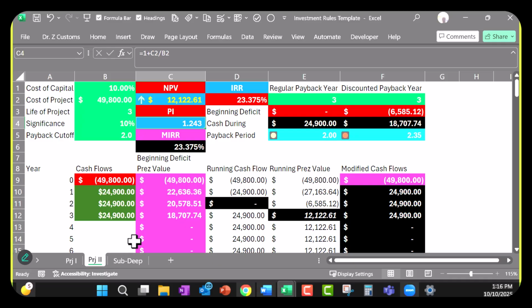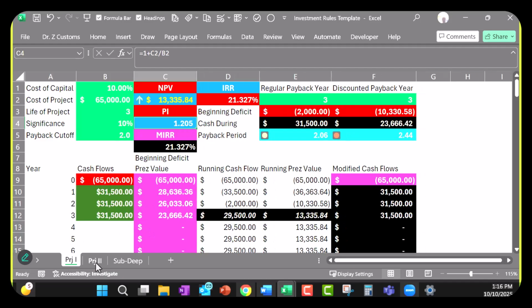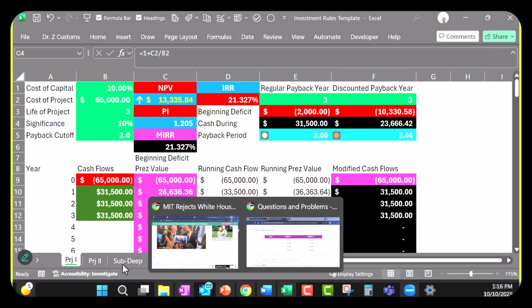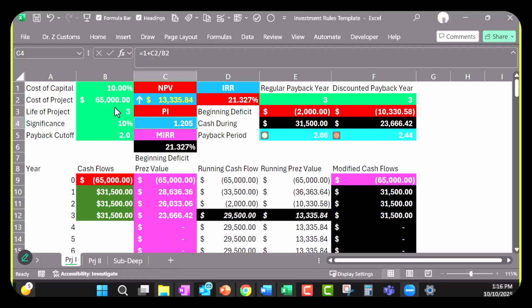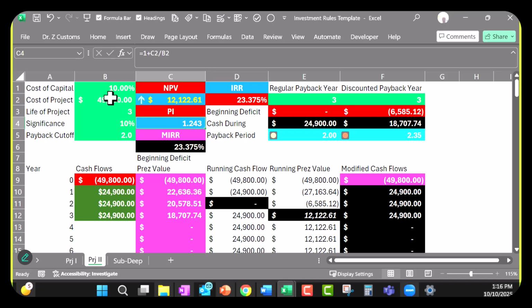Project 2, because profitability index asks you to accept a project with the higher PI. So 124 is higher than 121. But if you look at it, the scale of the problem is different. 65,000 on project 1, slightly less than 50,000 on project 2.